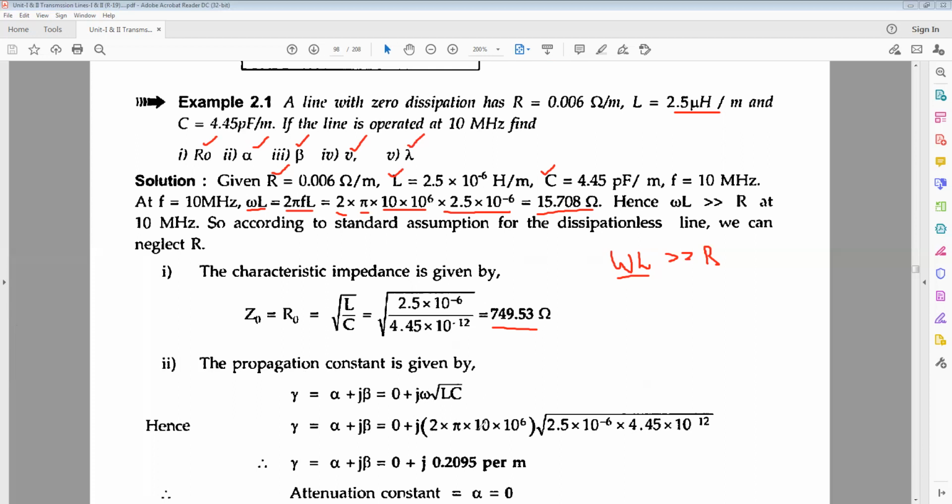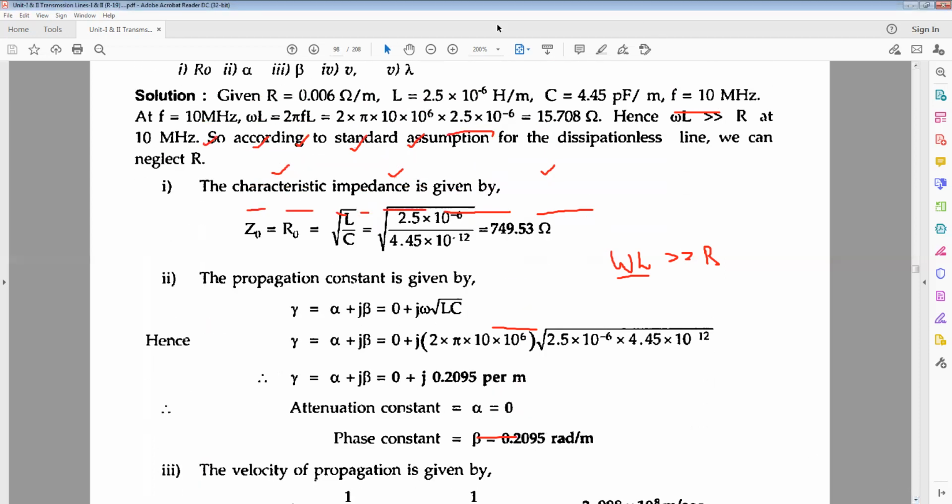What is omega here? It is 2 pi f, where f is 10 into 10 power 6 because 10 megahertz is given, and under the root, L is 2.5 into 10 power of minus 6, and C is 4.45 into 10 to the power of minus 12. Calculate the value.